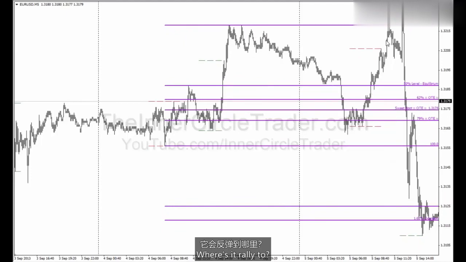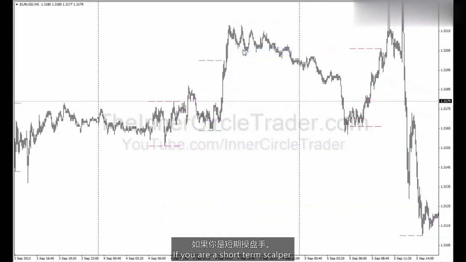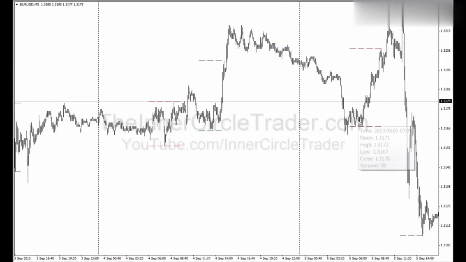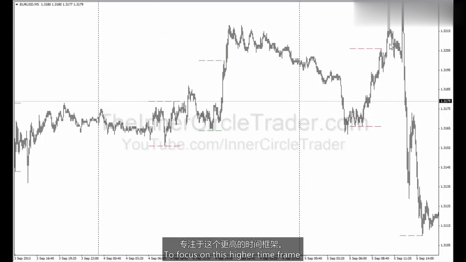It rallies up again. Where's it rally to? To take out old highs in here that were too clean. Price stabbed up in there and gave an opportunity to take profits if you were a short-term scalper on the long side, but the bias was lower. We talked about earlier how it's important to focus on these higher time frame key reaction levels, and that was the reason why we saw this really explosive move lower.